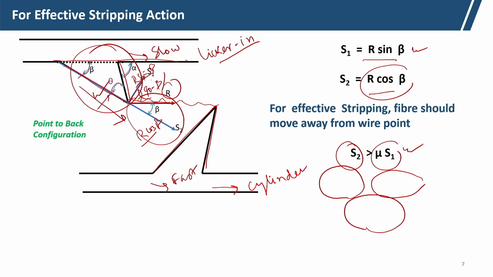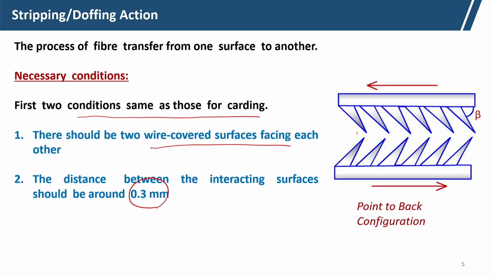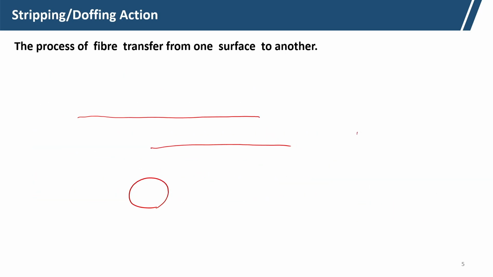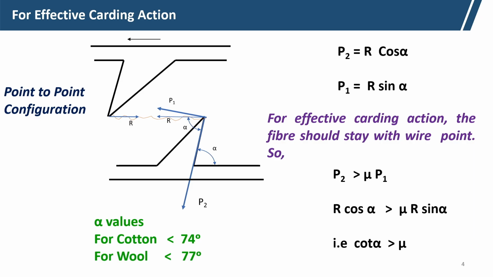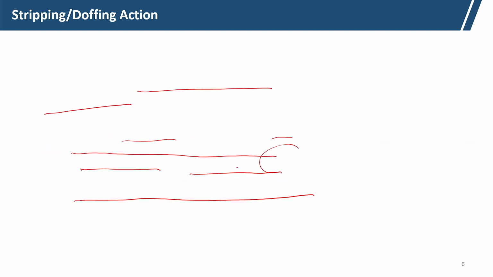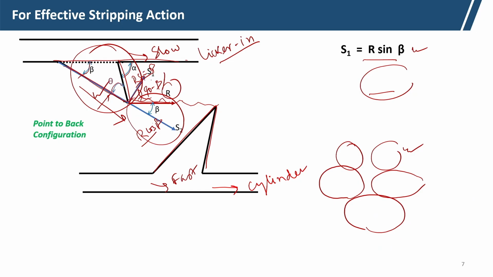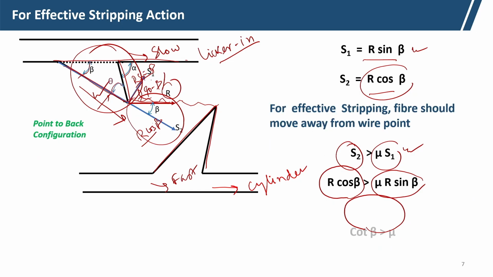Earlier case also what we have seen, cot alpha is more than mu, here cot beta should be more than mu to have proper stripping.